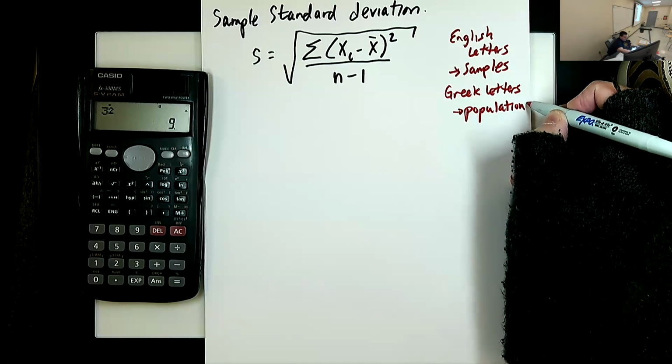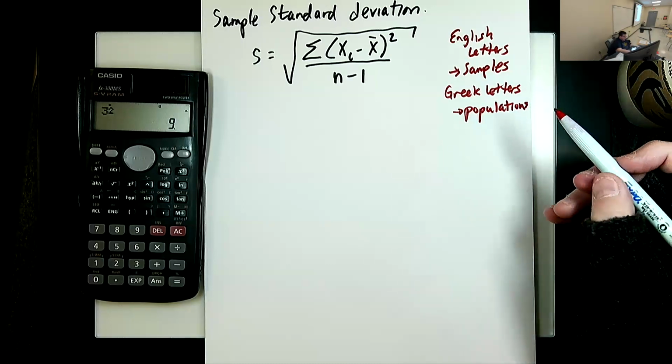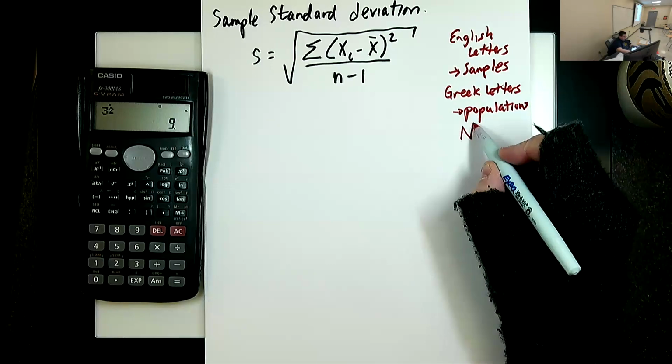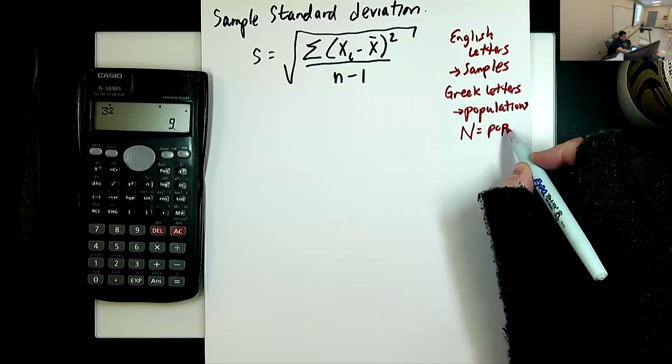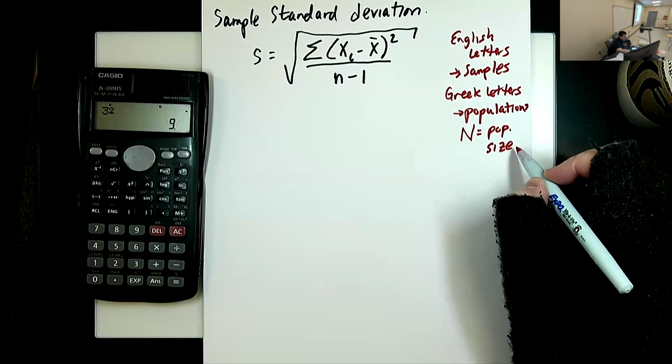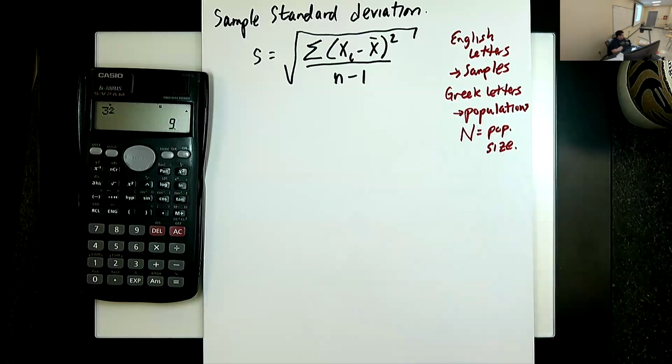The only letter that is not a Greek letter for population is capital N, which is population size. For some reason, they didn't switch to the Greek letter. I think the Greek letter looks like a cursive N, so they didn't bother. But the other letters look different.